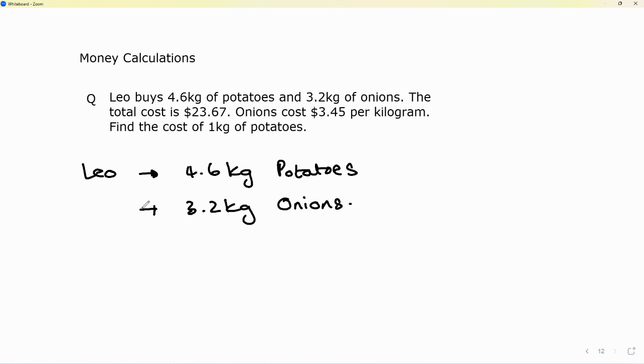The total cost of these items comes to a total of $23.67.